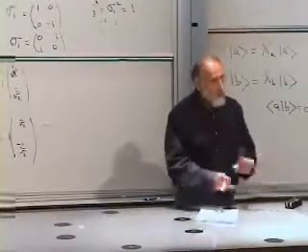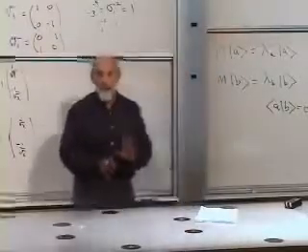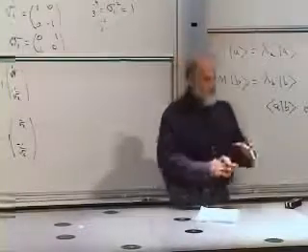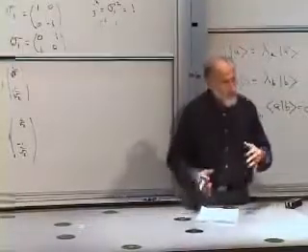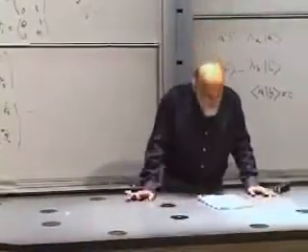Or you can say it the other way. If two states are orthogonal, it means that there exists some measurement you can do which will uniquely tell you which one of the two is realized in your system.